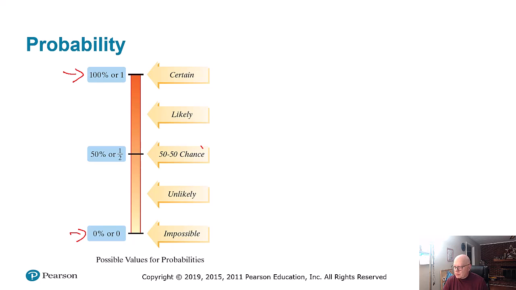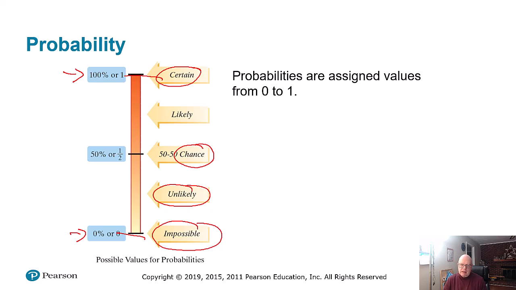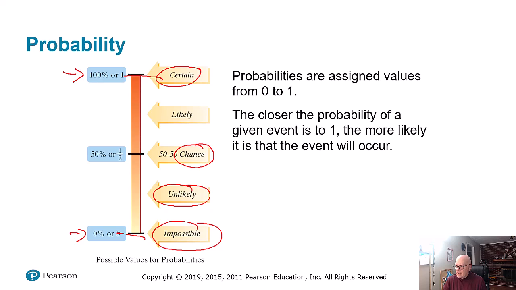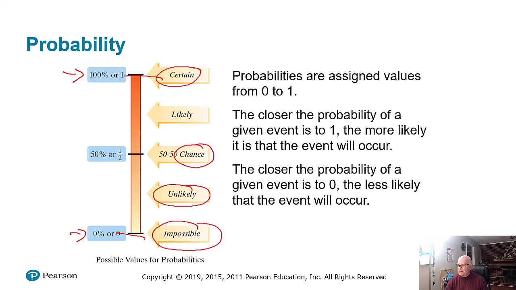These are some words that you can use: 50-50 chance, unlikely, impossible, that's 0, and a certain thing, that's a probability of 1 or 100%, and likely in the middle there somewhere. 0 to 1. The closer to 1, the more likely it's going to happen. The closer to 0, the less likely it's going to happen.